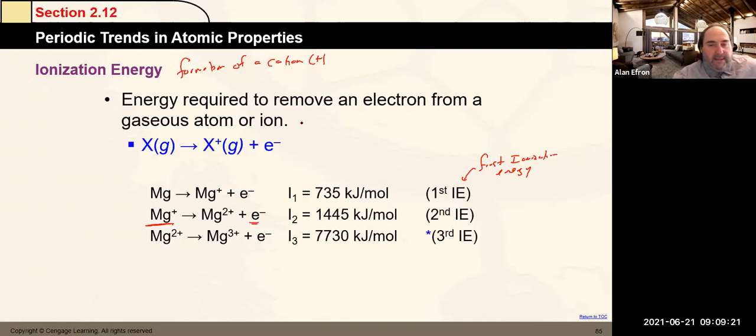If we look at magnesium, which is element 12, its electron configuration is 1s2, 2s2, 2p6, and 3s2. When we look at the configuration for magnesium, these two electrons are its valence electrons.